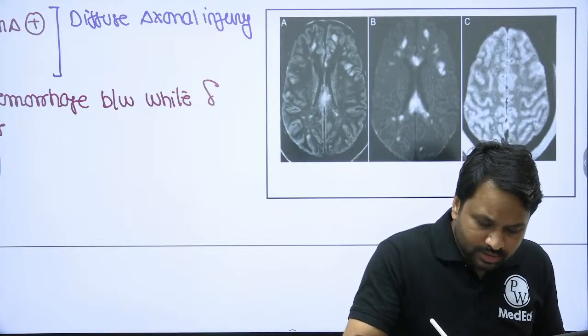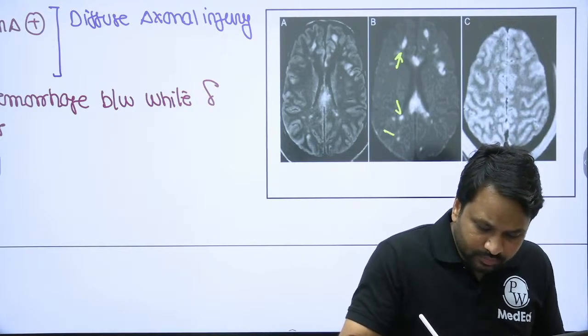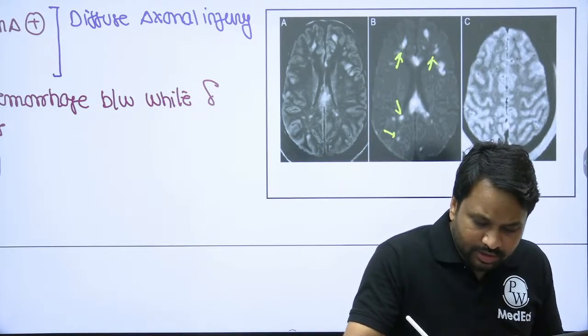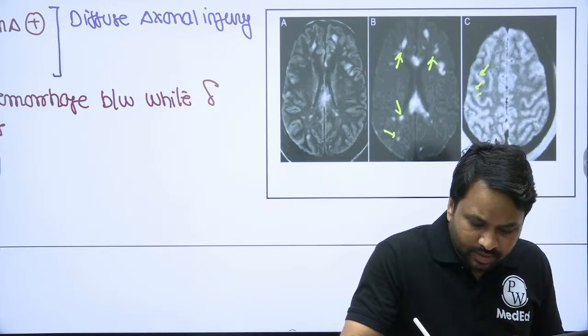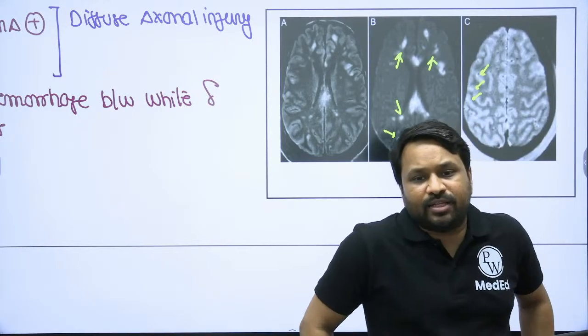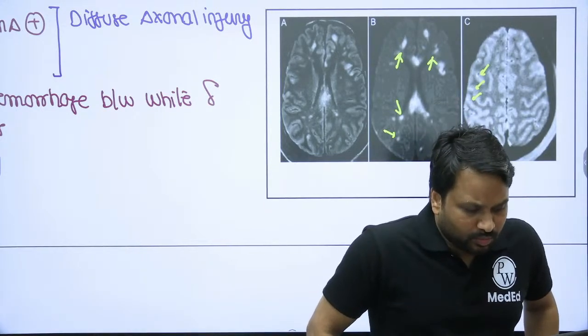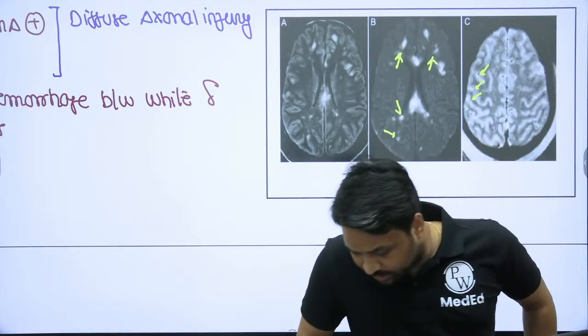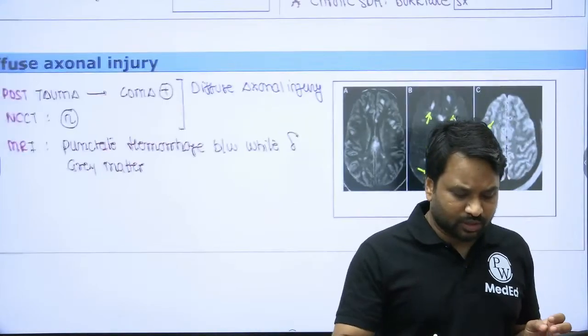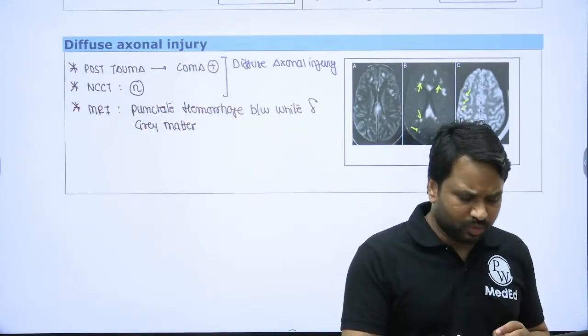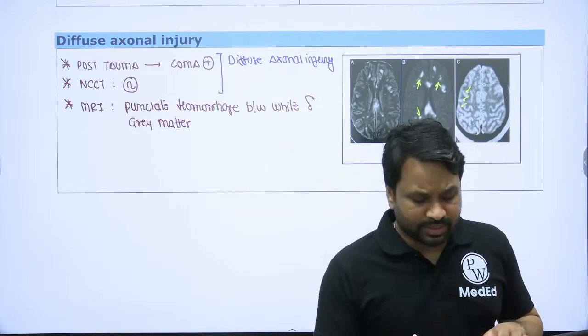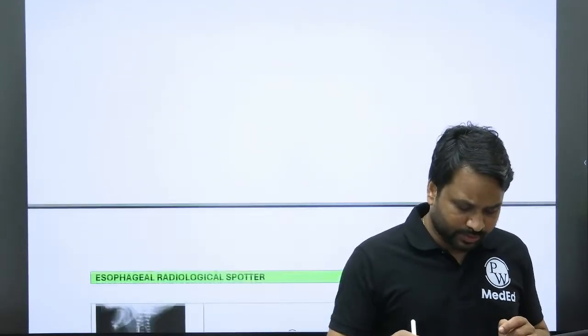All these are your punctate hemorrhages. Same here, you can see. Presence of punctate hemorrhage between the white and the gray matter is associated with diffuse axonal injury. Remember, it is associated with very poor prognosis.